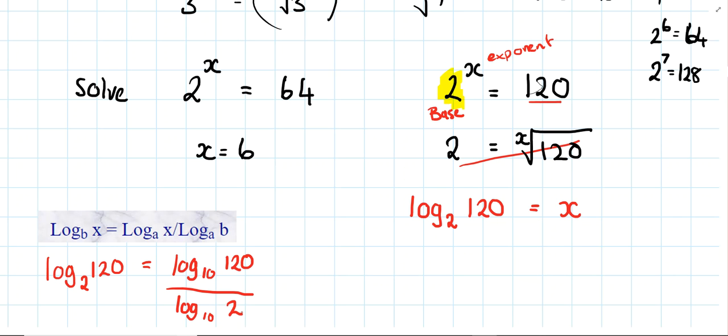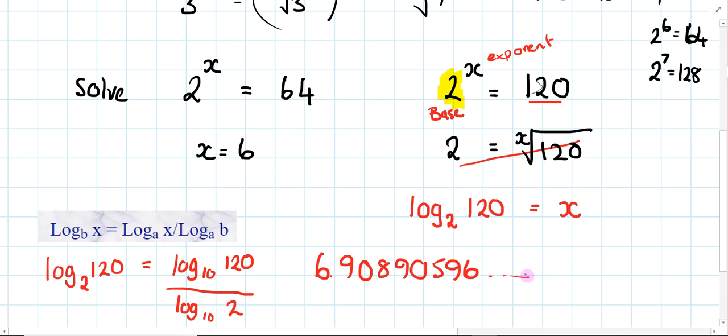Press equals, and you get the answer 6.9069. What does that mean? That means that 2 to the power of that equals 120. That's what we've got: log 120 divided by log 2.